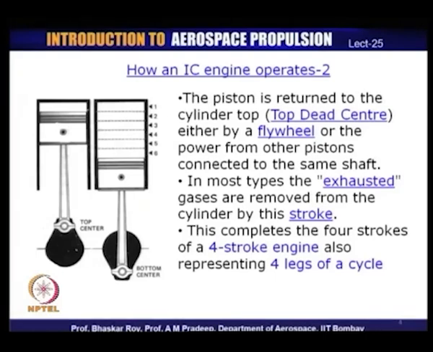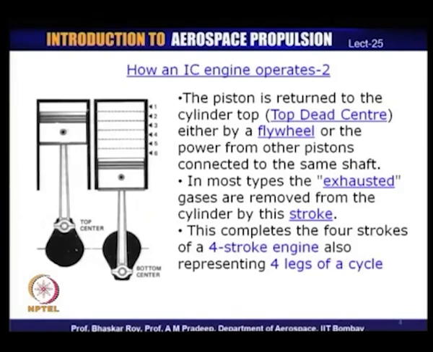So, out of the 4 strokes, 1 stroke is a power stroke, and the other 3 are sustained by the flywheel. So that till the next power stroke comes, the motion of the entire engine, the motion of the pistons, the motion of the shafts are sustained. This is important. If you do not do that, obviously the engine is going to come to a halt.